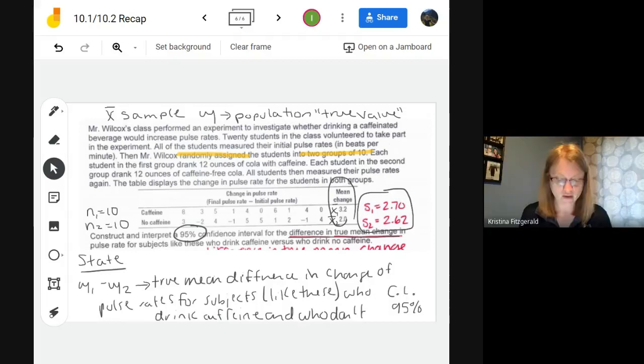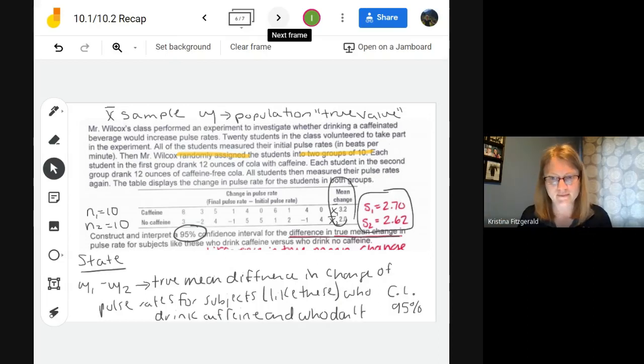Okay. Then for the plan part, that's where you got to name it. Every kid has to have a name, so we got to name the thing. And then we're going to check our conditions.